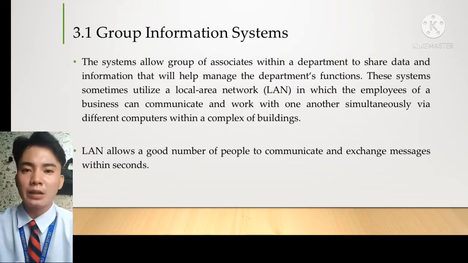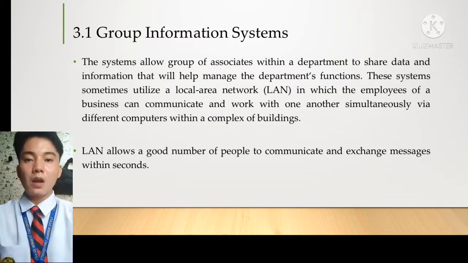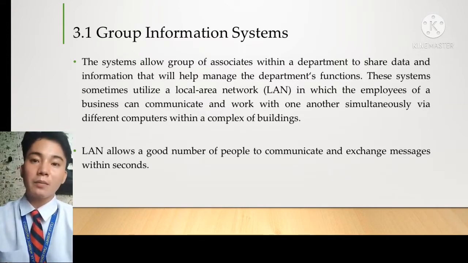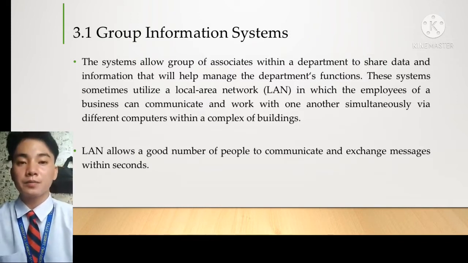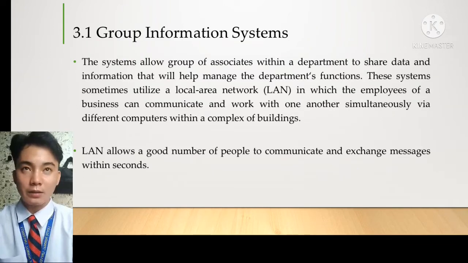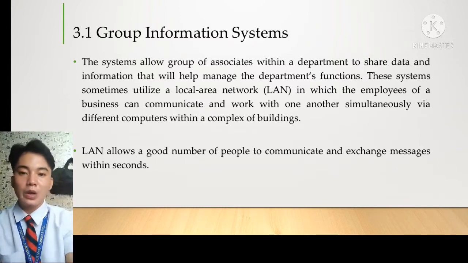So what is Ethernet? The explanation for Ethernet can be quite complex, and we see a lot of examples about it on many internet websites, but I'm going to try to make it simple for you to understand.